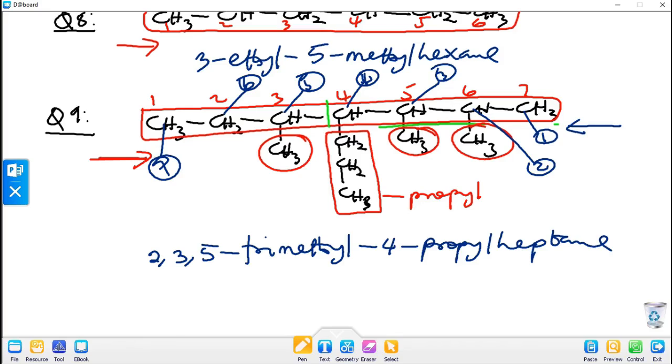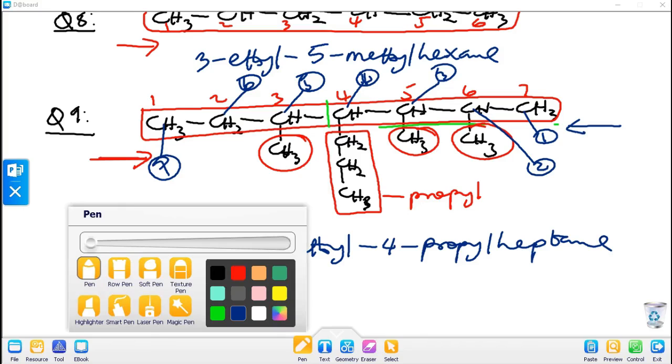Since our propyl is centralized, coming from the right or the left gives us the same number, which is 4. So we ought to follow the side that will give these methyls as low numbers as possible. Having seen that, let us proceed. Let's look at another question.